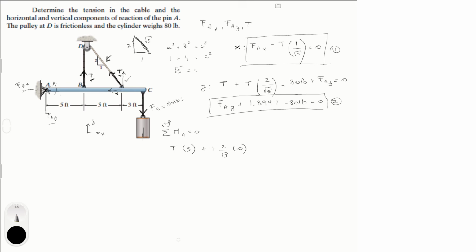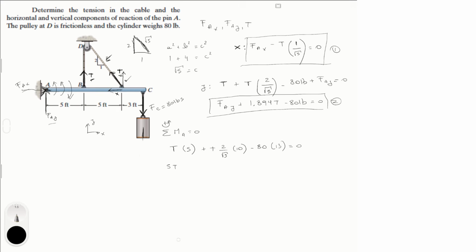And it's also positive because it's trying to turn counterclockwise. And last but not least is the 80-pound force, which is negative because it's trying to turn it clockwise, times the 80 pounds multiplied by the distance from A to C, which is equal to 13. And this is equal to 0. And we only have one variable in this equation, so this problem is turning out to be pretty easy.